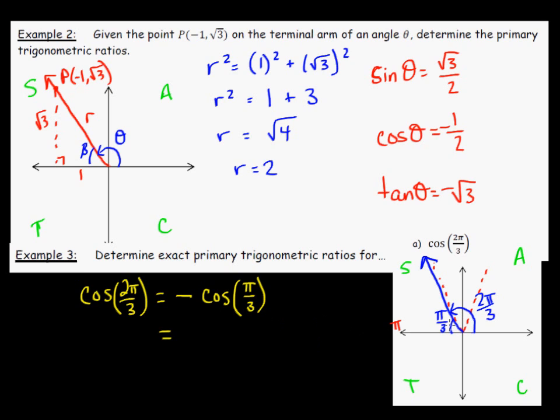Now for pi by 3, we actually have a special triangle. If you refer to the special triangle on your handout, you'll discover that the cosine ratio for pi by 3 is equal to 1/2. And because we're in quadrant 2, that's going to be negative. So the cosine ratio for 2 pi by 3 is equal to negative 1/2.